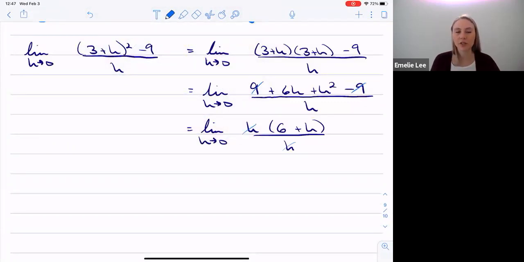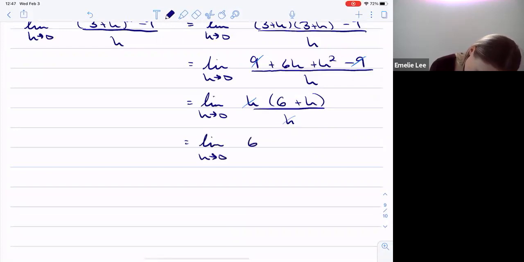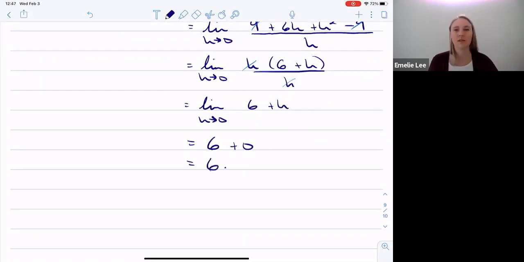That h over h is going to go to 1. Now I can find the limit of 6 plus h as h goes to 0, which is just 6 plus 0, which puts me at 6.